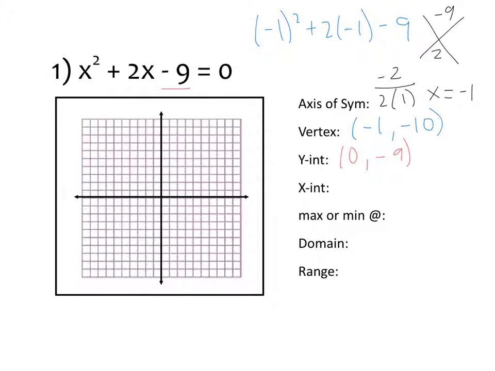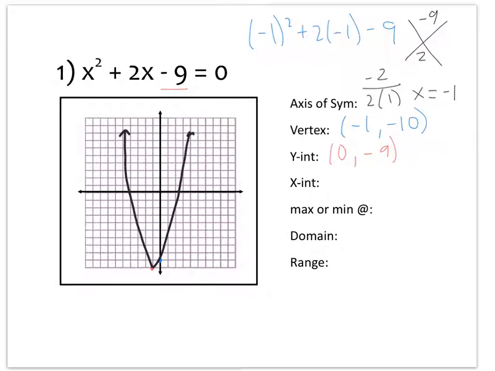So now I'm going to zoom in on my graph and graph those important pieces of information of this quadratic. Now I'm going to look at my graph and see what those 2 x-intercepts are, and I know I have 2 because my parabola crosses the x-axis twice. They look like they're about at 2.2, so x is approximately 2.2, and I would say -4.2. So 2.2 and -4.2 are our solutions.